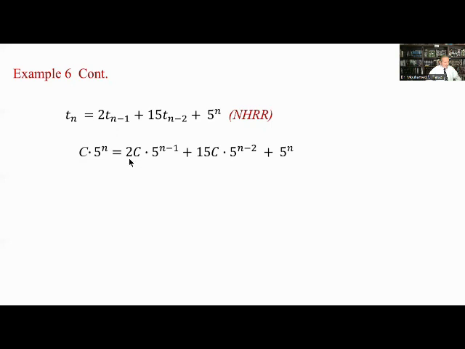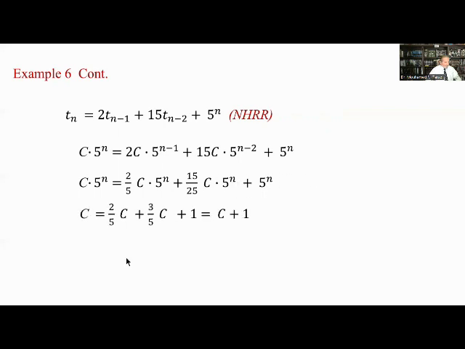Here I have to divide by 5 and multiply by 5. Then 5 to the power n will be in all terms. That's what we will do. See how I divided by 25, then 5 to the power n, divide by 5. Now you can simplify. And you find C is equal to C plus 1, which is impossible.